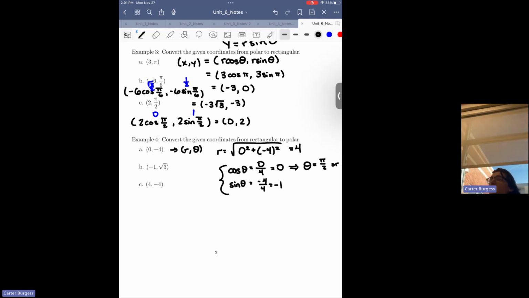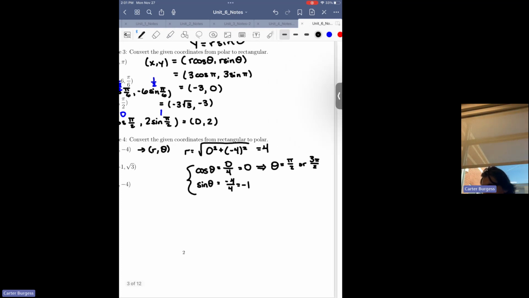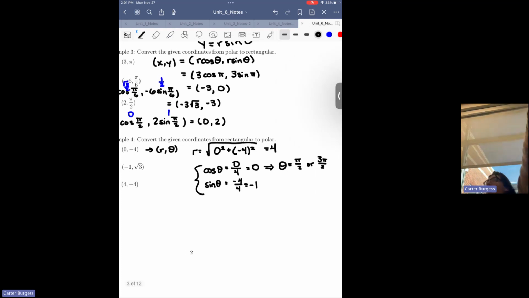The other way we can do this is we can actually just find the thetas that work for not only this first equation, but also the second equation, and whichever ones overlap will be our final answer. So for instance, if sine of theta is equal to negative 1, what is, in this case, the only theta such that sine of that theta is negative 1?